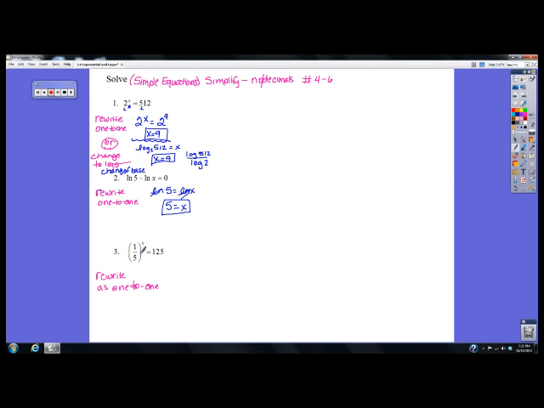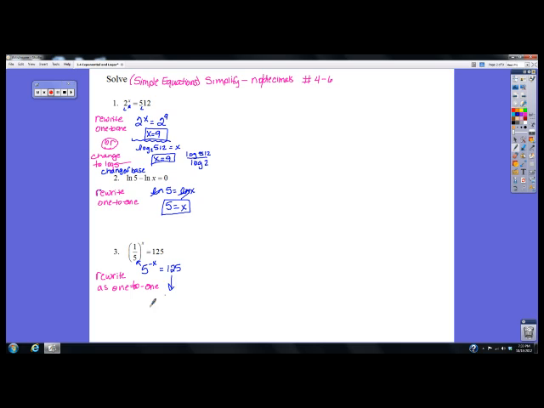So you have to understand that 1/5 to the x power is the same thing as 5 to the negative x power. You have to understand that those mean the same thing. So 5 to the negative x equals 125.